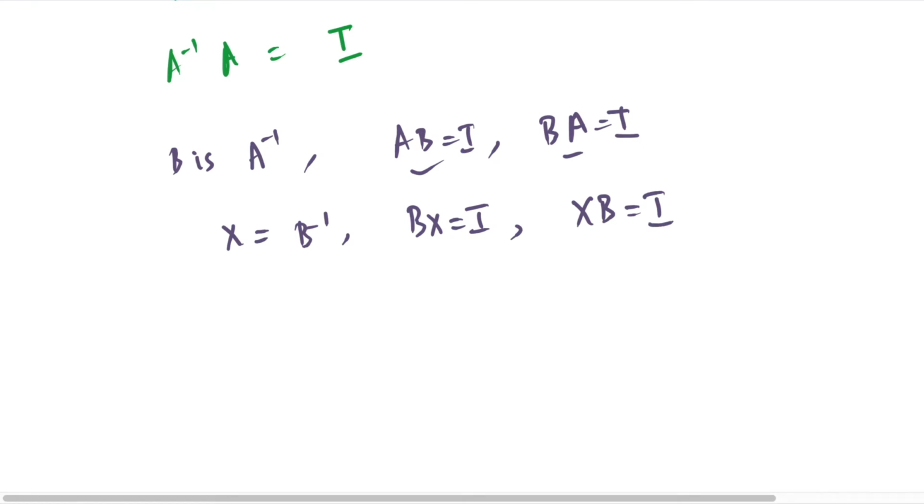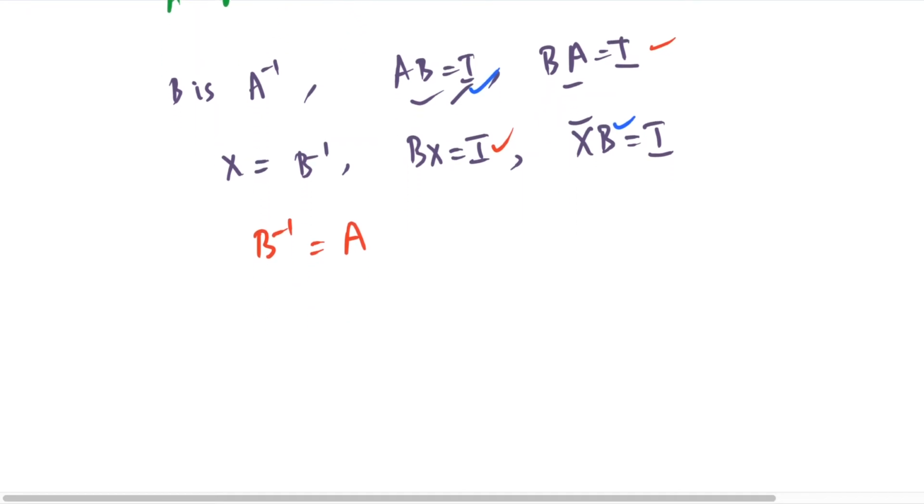So now if we compare this equation and this equation, and if you compare this equation and this equation, and basically use the result that the inverse of a matrix is unique, we will arrive at the conclusion that B inverse is actually equal to A. So that means that A and B are inverses of each other.